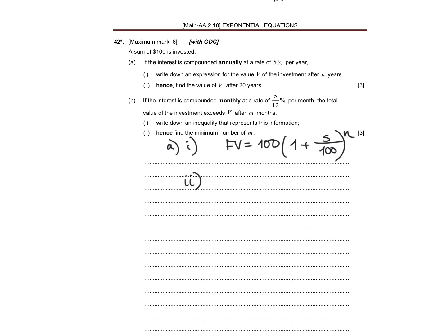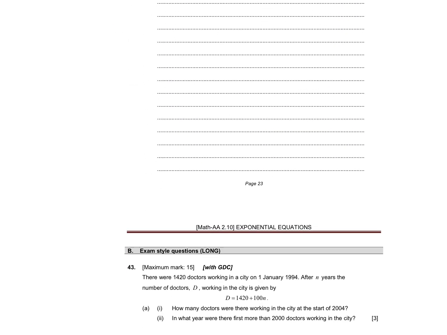So after 20 years, and this is in years, so we'll have 100, 1 plus 5 over 100 to the 20. And I'm not going to do B because it's saying if the interest is compounded monthly at that rate, the total value of the investment exceeds V. So in the mark scheme, it's saying V after 20 years. But it seems like a general V, so they would be more specific about that.